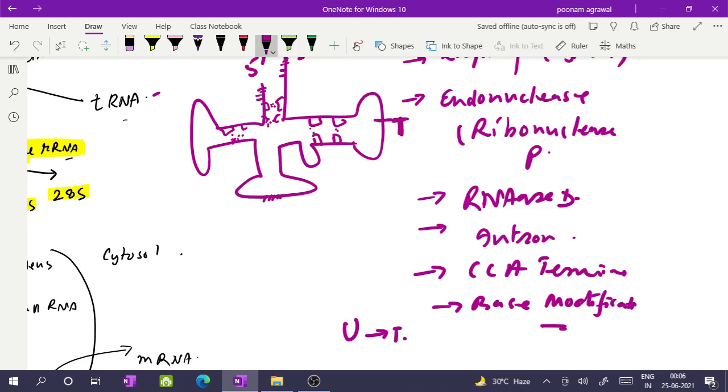That's called the pseudouridine arm. We have thymine, and this thymine is actually modified uracil only. Uracil undergoes methylation to make thymine. So this is one modification which takes place. And in addition to that, we have pseudouridine, dihydrouridine, methylguanosine, ribothymidine. They all are modifications which take place post-transcriptionally.